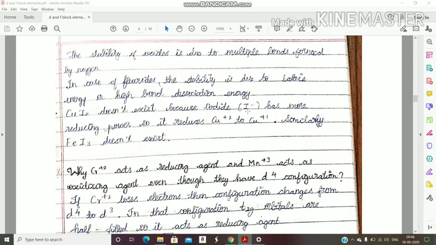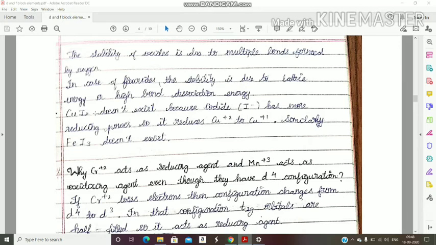Among these halides, fluoride has more oxidizing power, but iodide has more reducing power. So in CuI2, iodide has more reducing power, so it immediately reduces Cu plus 2 to Cu plus 1. So it does not exist.